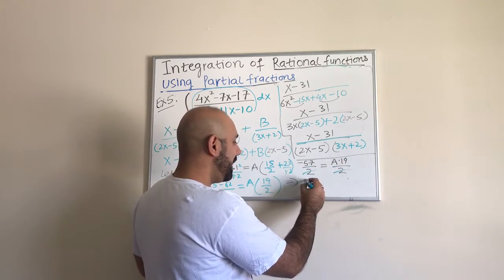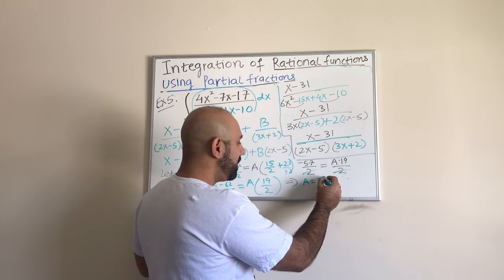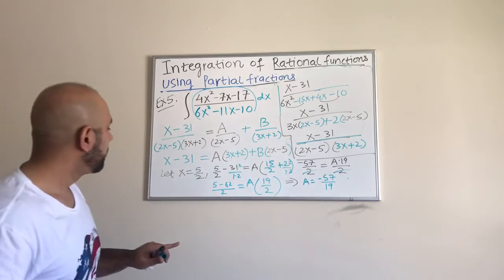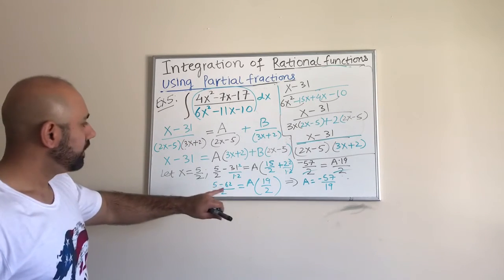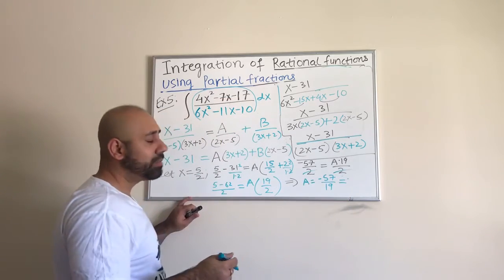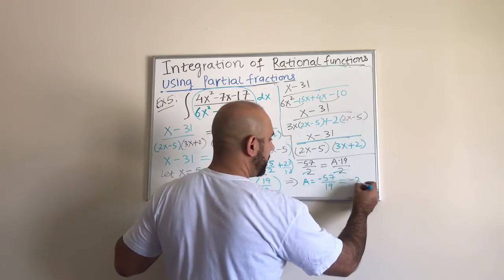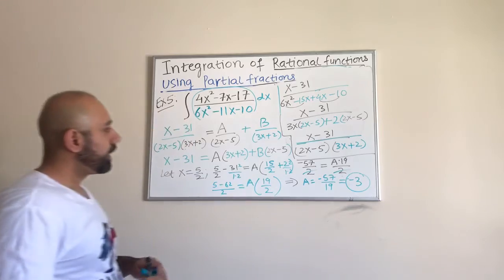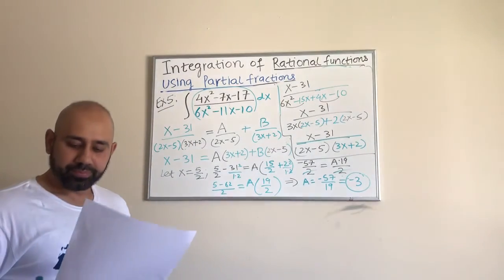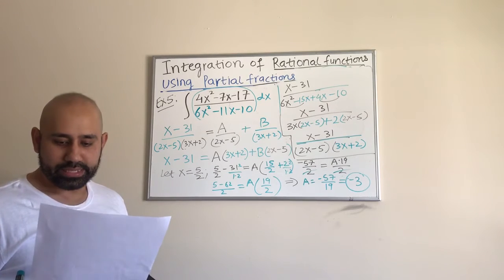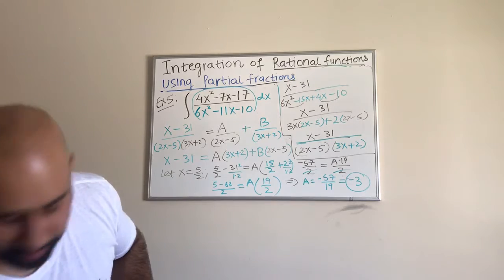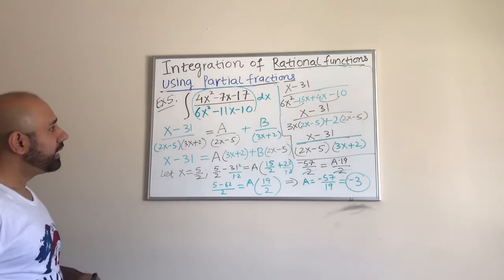So a equals negative 57 over 19. Let's make sure the signs are right. Is this divisible by 19? 19 times 3. So a equals negative 3. Let me make sure that this is consistent with what I have here. A is negative 3. Yeah. So that, guys, is my value for a.